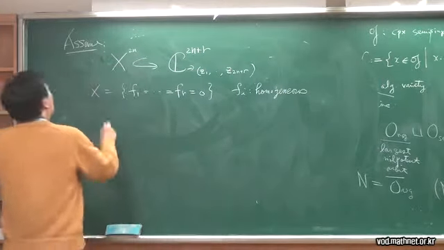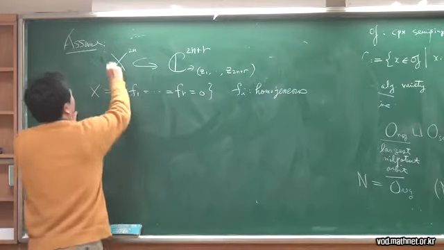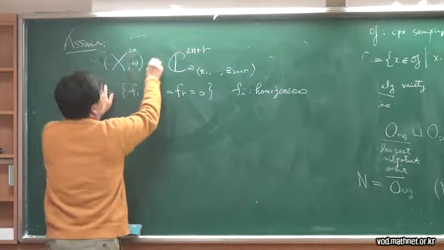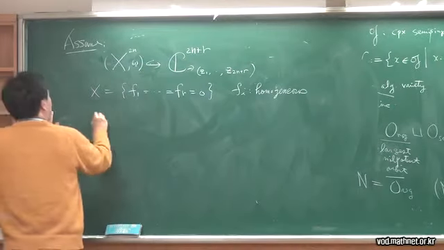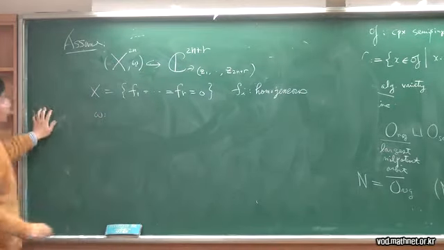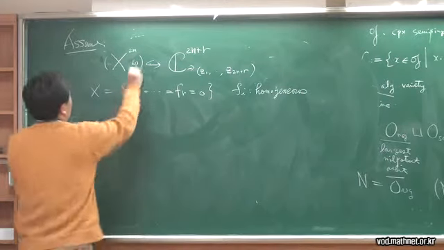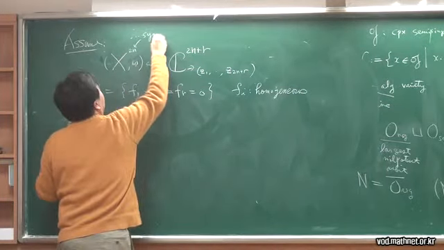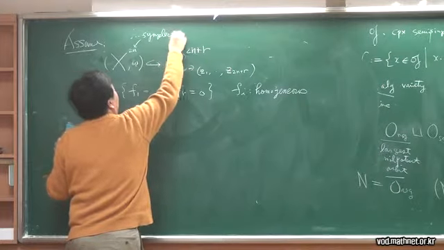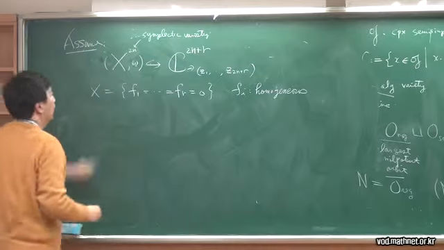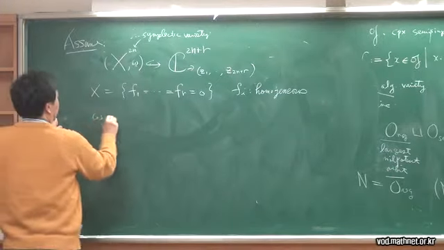And we assume that this is an affine symplectic variety, and omega is a symplectic two-form, and assume that omega is homogeneous.